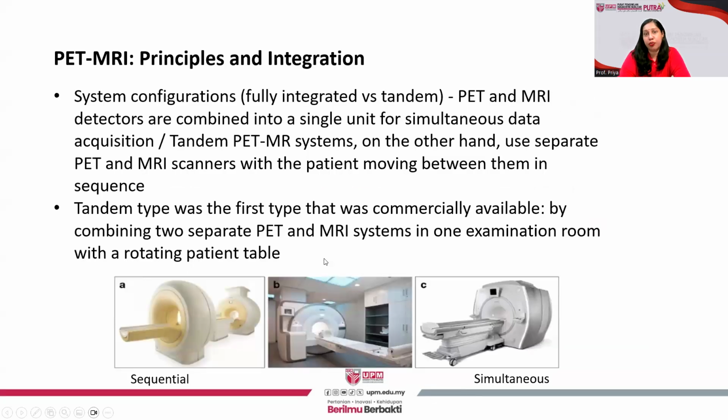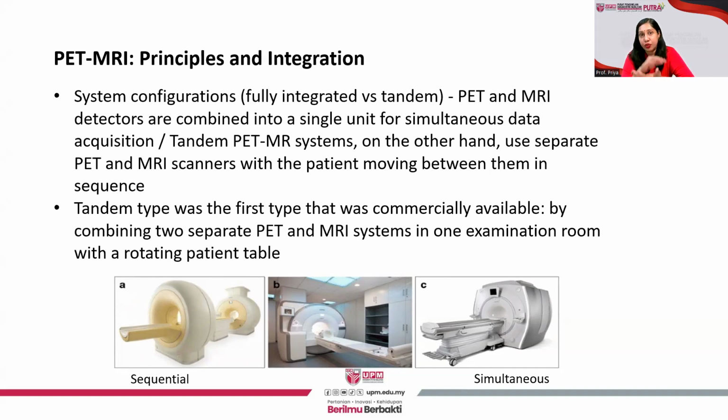For other principles of PET-MR integration, we see the system configurations, which are fully integrated versus tandem acquisition. In the fully integrated system, the PET and MRI detectors are combined into a single unit for simultaneous data acquisition. Tandem PET-MR systems, on the other hand, use separate PET and MR scanners with the patient moving in between them in sequence.